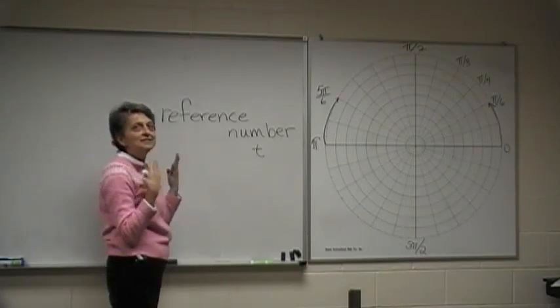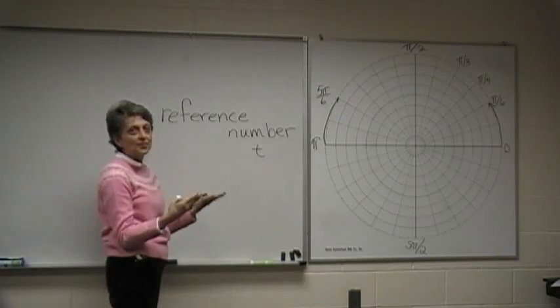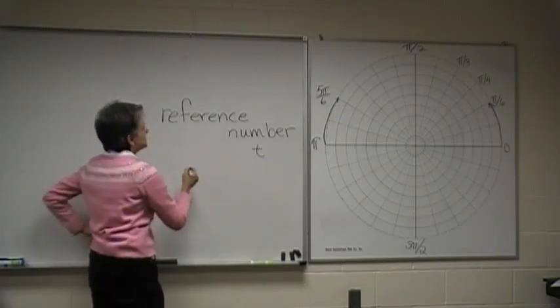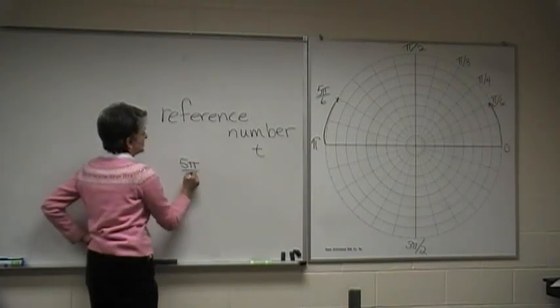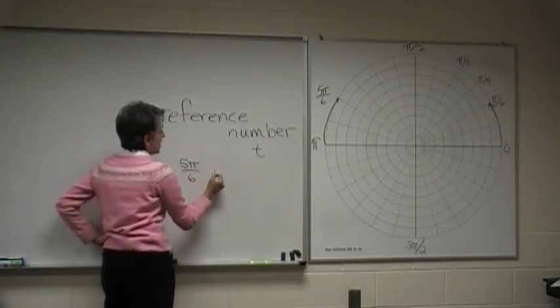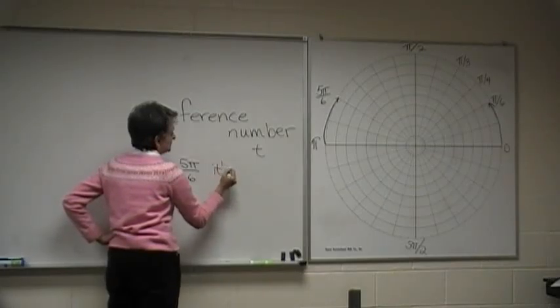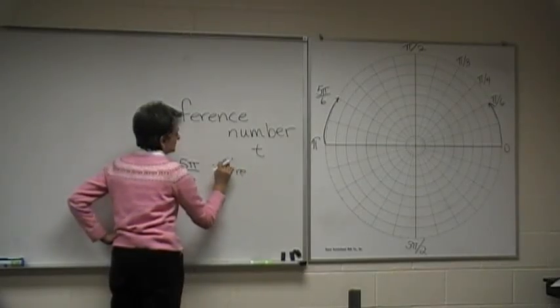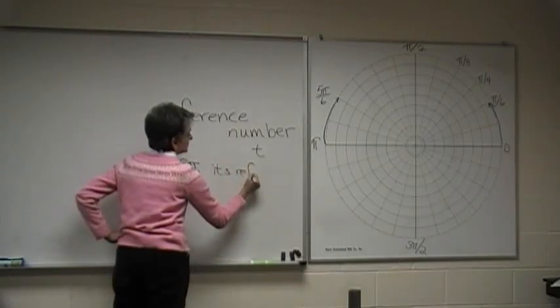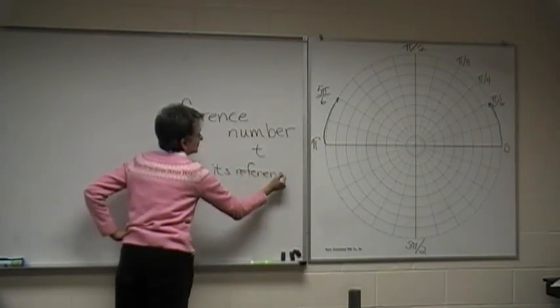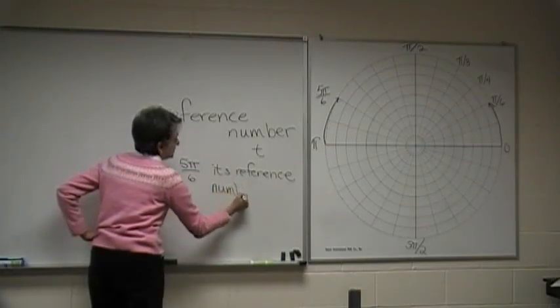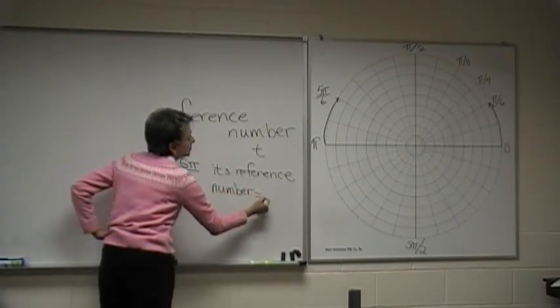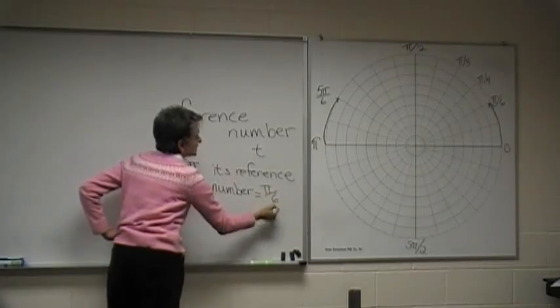It's the closest distance to the x-axis from where you've stopped. So if I'm going to 5 pi over 6, its reference number would be equal to pi over 6.